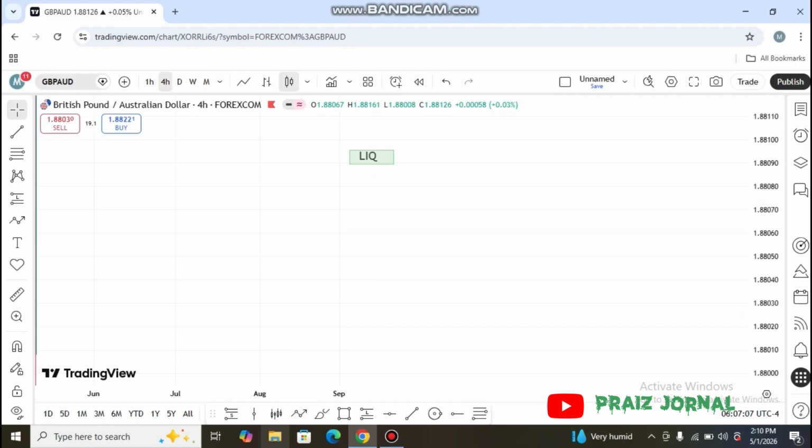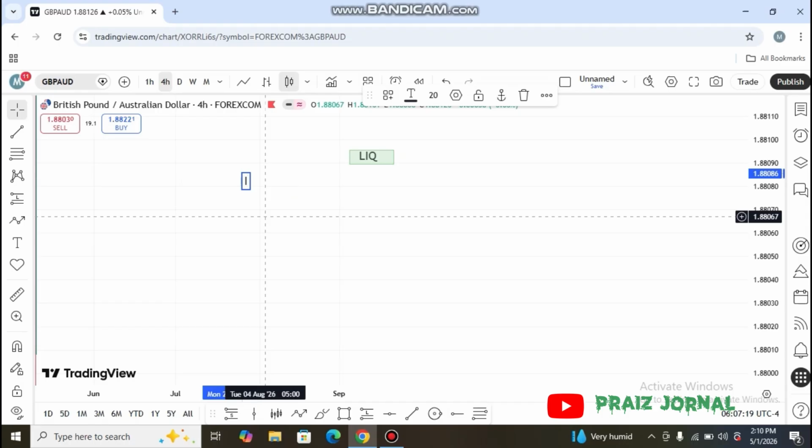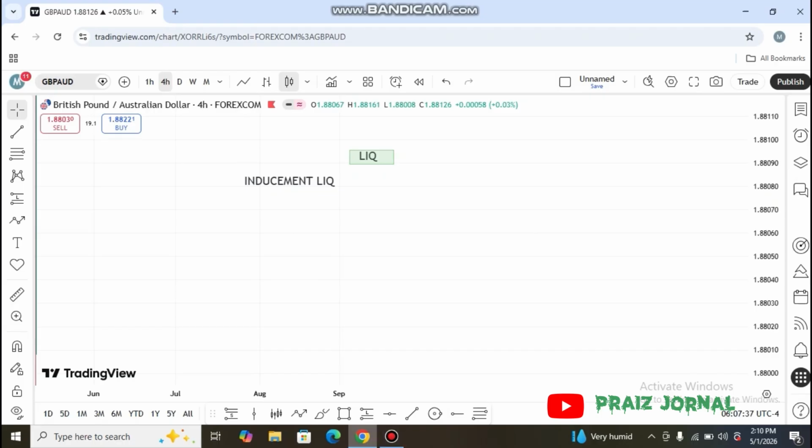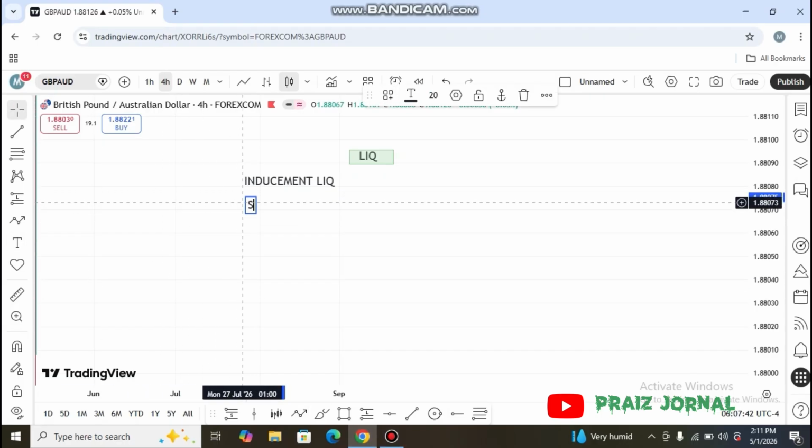So I have two types of liquidity. I want to go straight to the point, and I will call the first one inducement liquidity. And we also have what I will name structural liquidity.